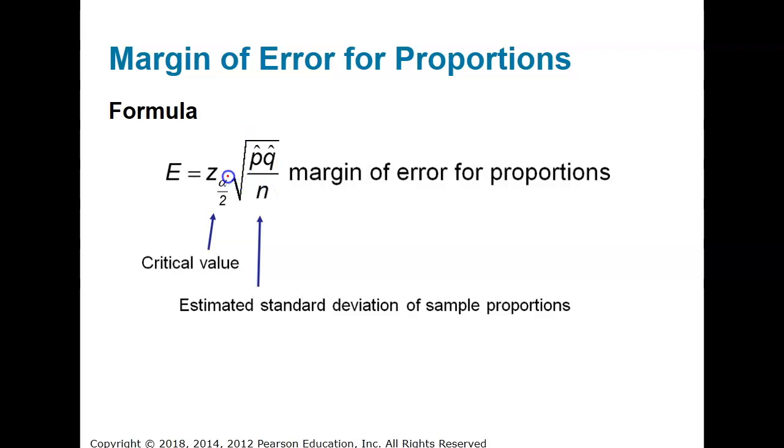Okay, so what we have is that critical value that we just got through finding. So if it's say a 95%, then I would substitute for all of this the number 1.96. Then I'm going to put my P hat, my Q hat. Remember, Q hat is simply 1 minus P hat, and then my N is my sample size.